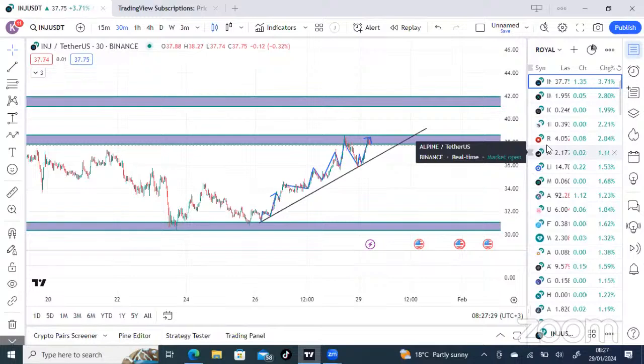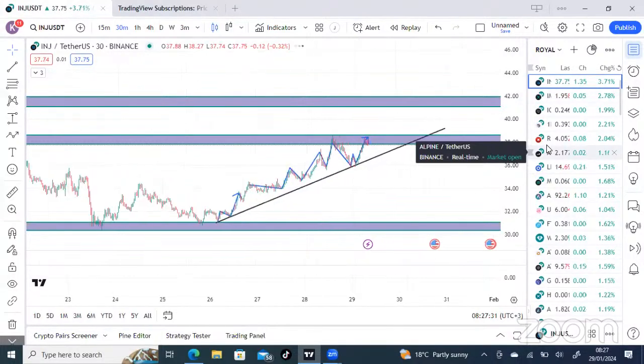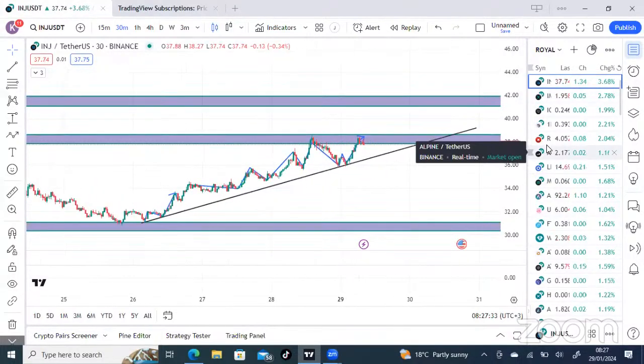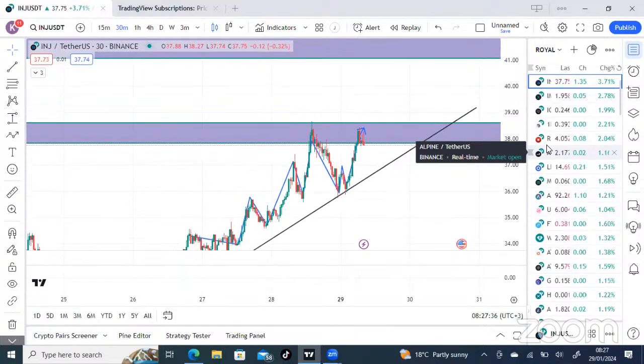Now, we have our support, our resistance on top. So before we decide to continue trading, we needed to wait for the market to break our resistance.